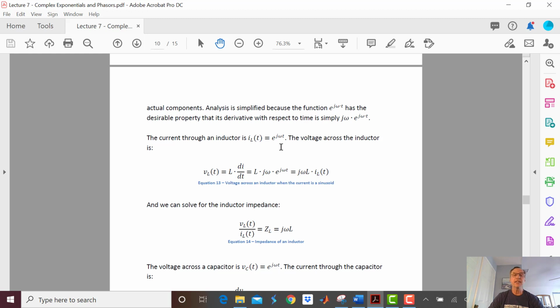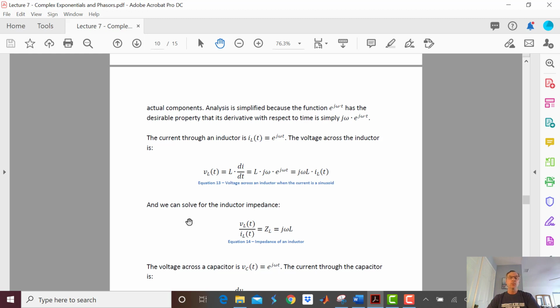Let's take di/dt. So that means we just put a j omega out in front of it, like this. So v equals L di/dt equals L times j omega e to the j omega t equals j omega L times i.